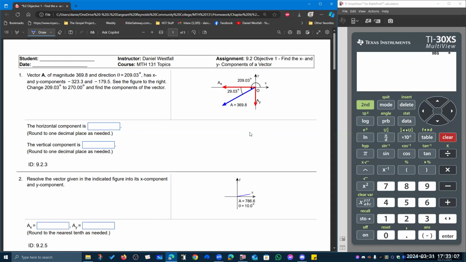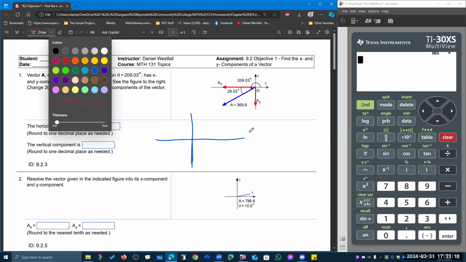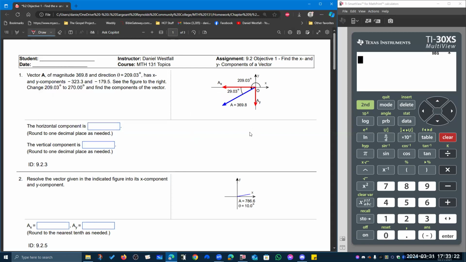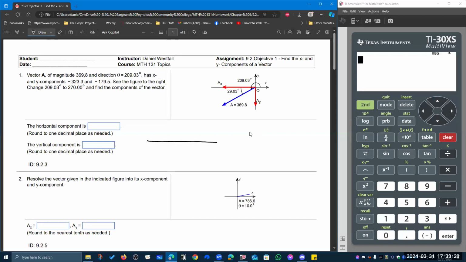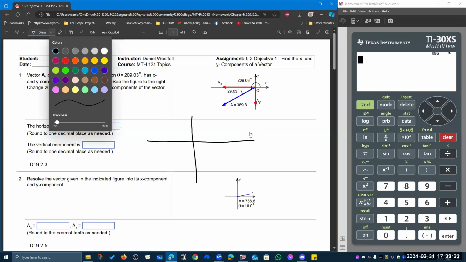they want us to change the angle to be 270 degrees. Let me change this up and draw my axes in black like they did, and then draw my vector in blue like they did.